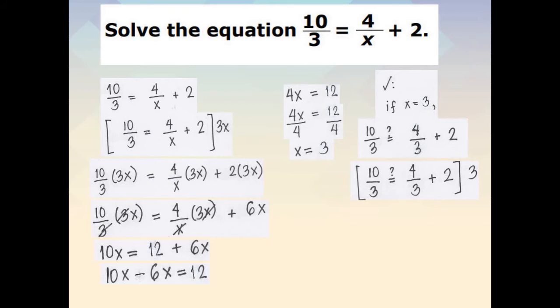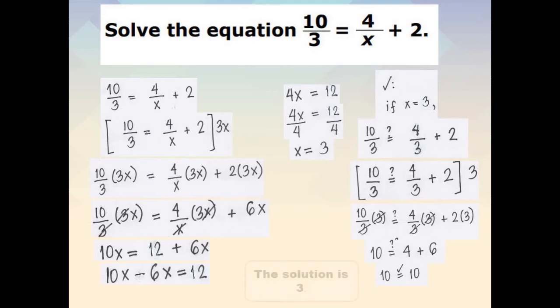So 10 over 3 multiplied by 3, is it equal to 4 over 3 multiplied by 3 plus 2 times 3? Then we shall cancel 3 since it is common to the numerator and denominator. That becomes 10, is it equal to 4 plus 6? So 10 is equal to 10. Therefore, the solution is 3.